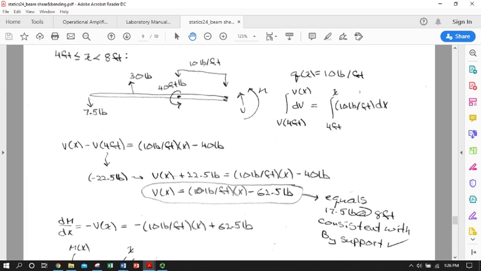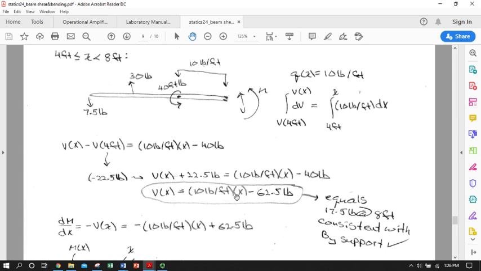So now, rather than shear being a constant, shear is a linear function of x, pointing upward as we go to higher x's.